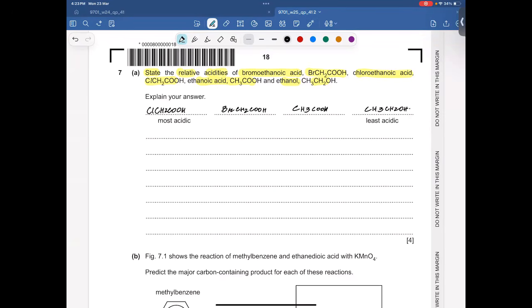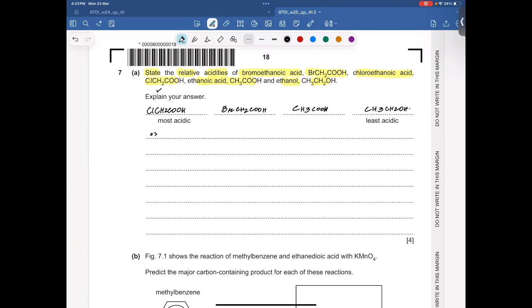Okay. Let me explain because examiner is looking for the explanation also. Now chlorine and bromine both are more electronegative elements.